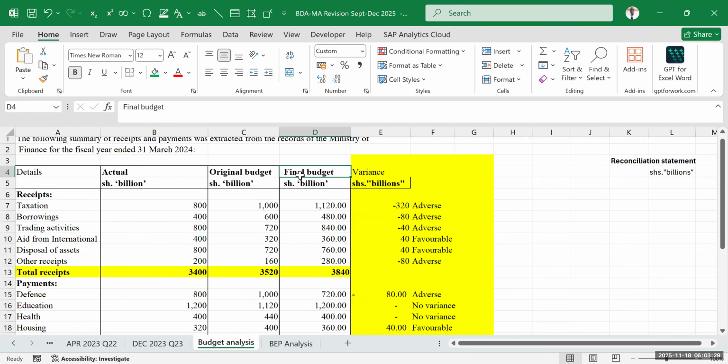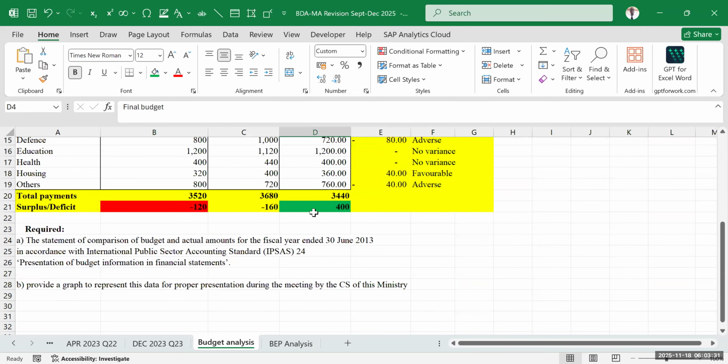This is the very final budget that we had. This is the reality we expected. But as things are on the ground, the reality has been different. And our reality is that we have a deficit of 120 billion. So present this information to them so that they see what they expected, what is current, and what has happened. Very good.